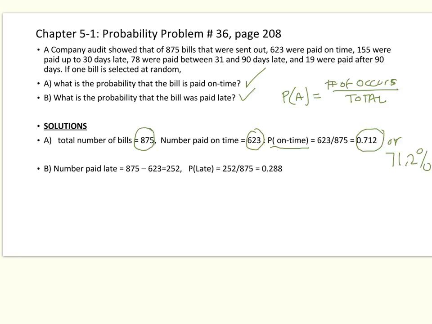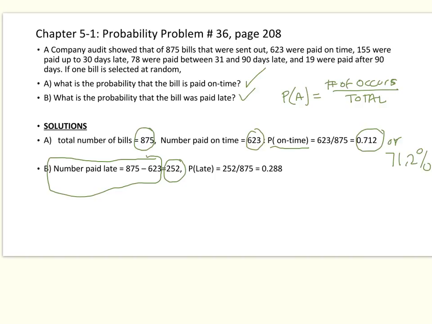So what we do is we calculate the number that is paid late, and we call this a complement of an event. And so what we did is we subtracted 623 from 875, and we got 252 bills that were late.